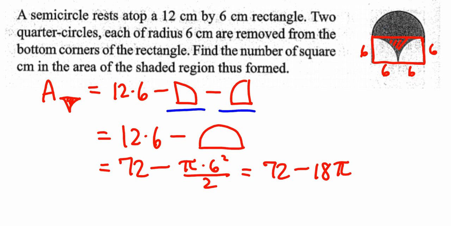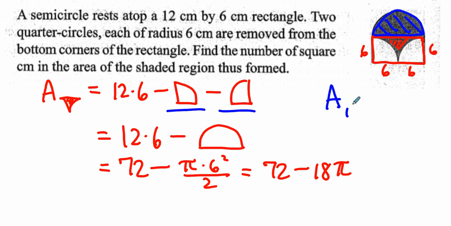Well, now we need this shaded region. What's the area of that shaded region? Well, wait a minute. This shaded region is the same as this part here that we took out.